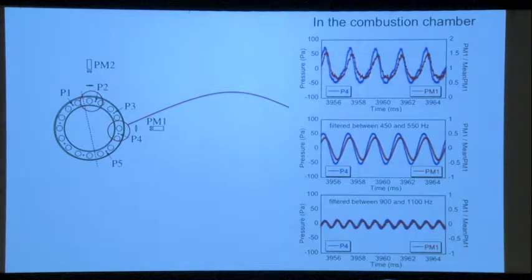So P4, PM1. These are in fact two signals for P4 and PM1 right here. And for these two, again, we are looking essentially at this point here. If we look at the signal at the first harmonic, they are also in phase. This is at the basic frequency around 400 hertz, 500 hertz. And this is also true for the first harmonic.